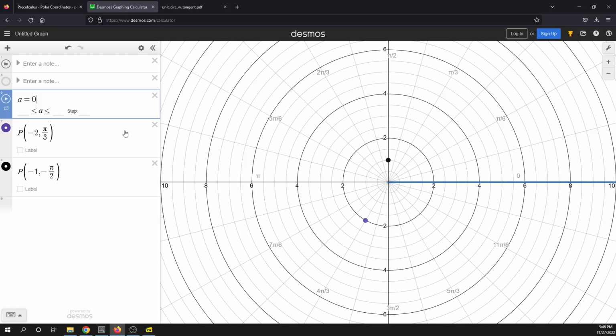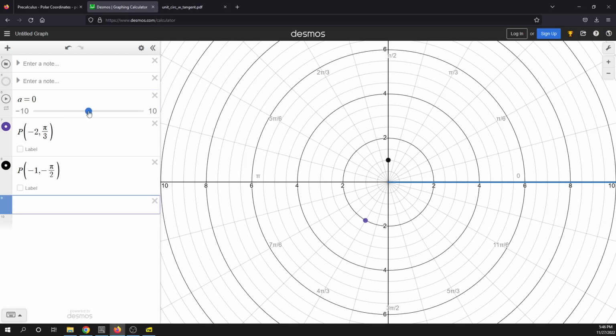But we're rotating in the negative direction. So we would start rotating: minus π/4, minus 3π/4, minus 5π/4, all the way around to minus 7π/4, right around in there. So that's the direction that we would be pointing.